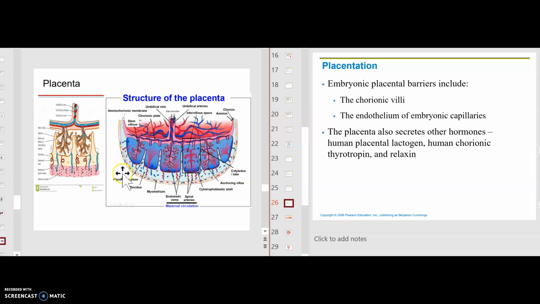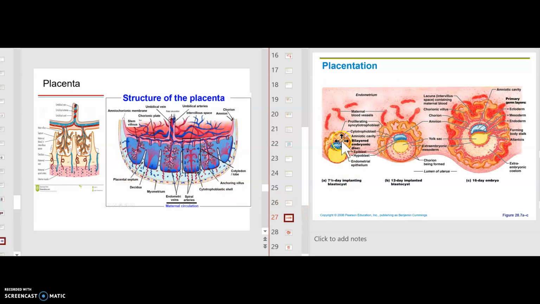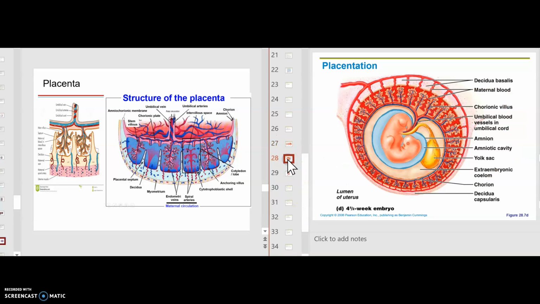All right, I'm going to come over here now. Here again is another picture that you can glance at, and it just takes time to lay out everything. Here again is that decidua, so you can see a good picture. Decidua basalis, that area of the mother's part that contributes. Here are those spiral arteries and so forth.